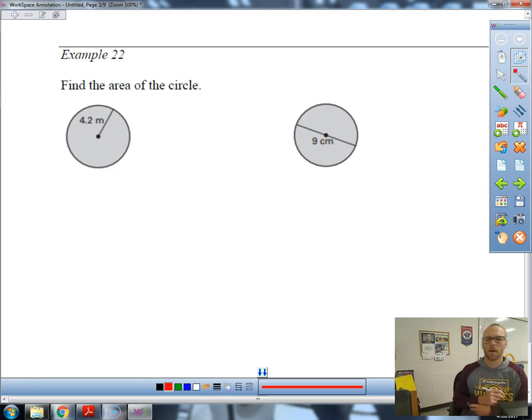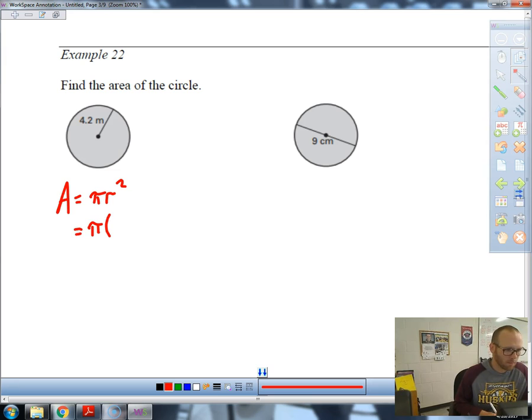All right, so let's find a couple of areas. Let's find the area of this circle. Area is pi r squared. So this is going to be pi times the radius of this circle, which is 4.2. So pi times 4.2 squared. I'm going to square the 4.2 on my calculator.